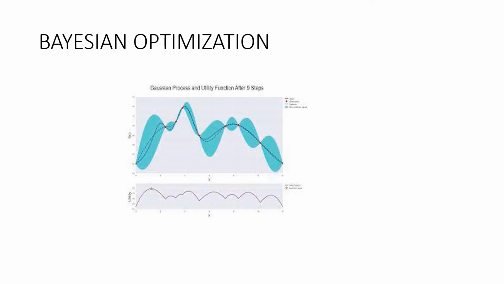Bayesian optimization. The previous two methods performed individual experiments building models with various hyperparameter values and recording the model performance for each. Because each experiment was performed in isolation, it is very easy to parallelize this process.